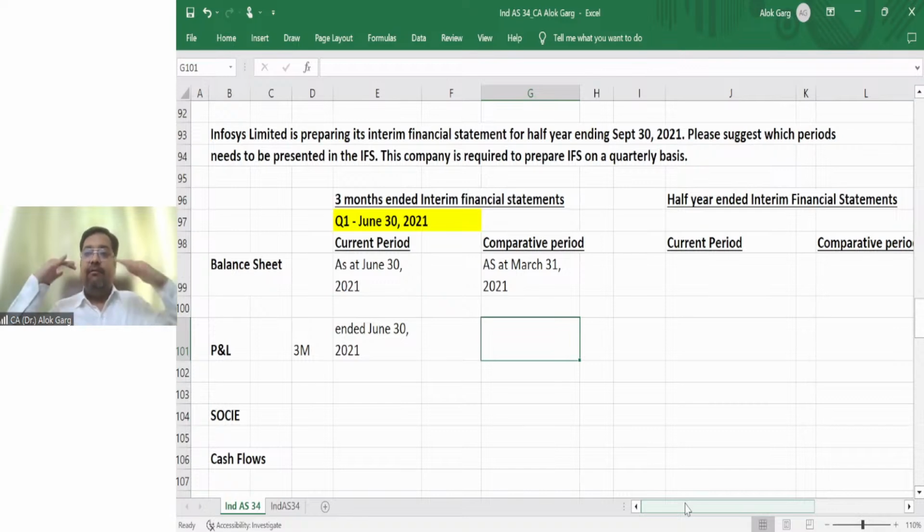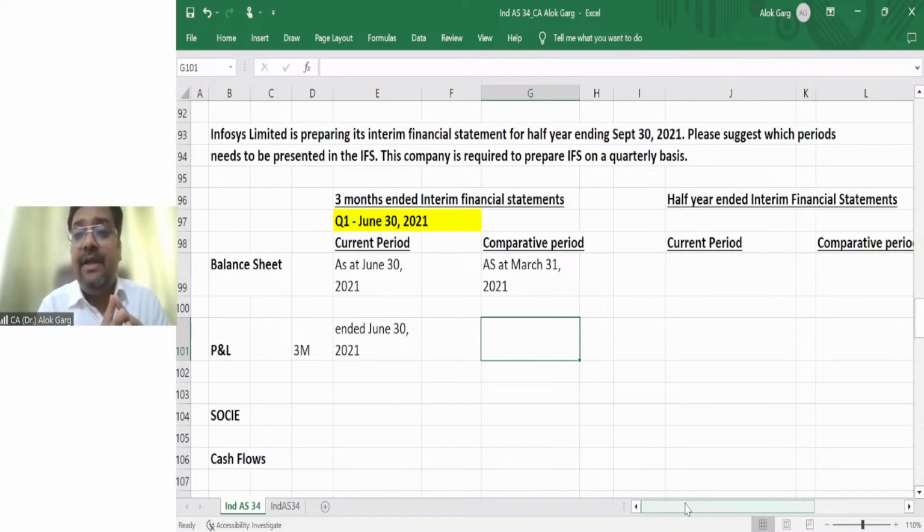Friends, the balance sheet will always be as at. For example, the company purchased a land in 1990 for 5 lakh rupees. The land will come in the balance sheet of March 2021. The land will come in the balance sheet of June 2021, September 21, December 21, March 22. So land will come in the balance sheet for every reporting date, right? It is an asset number.